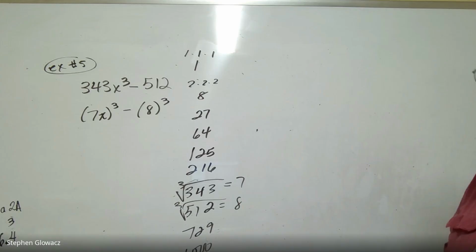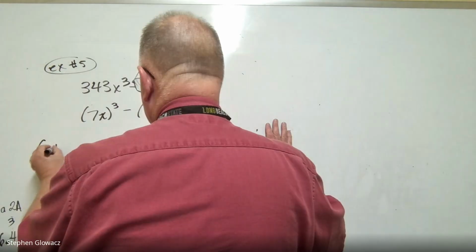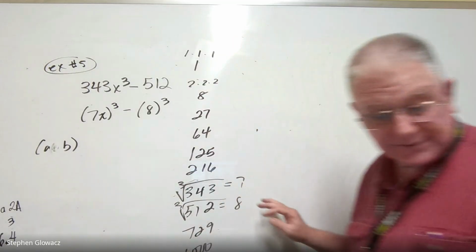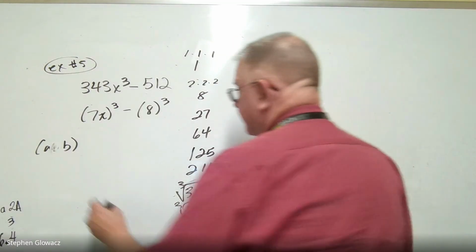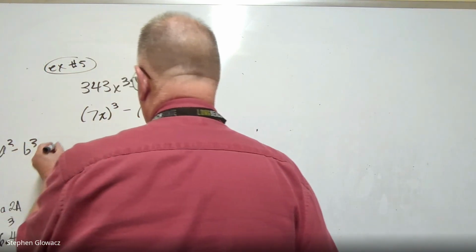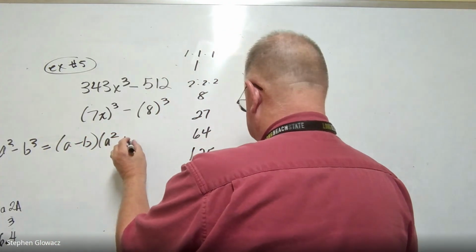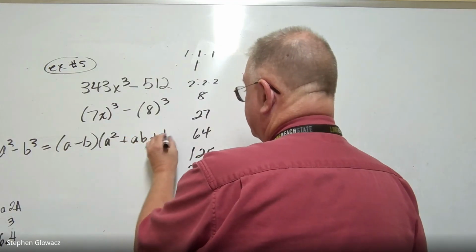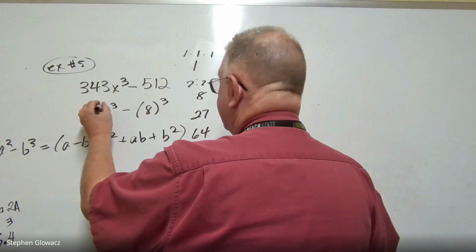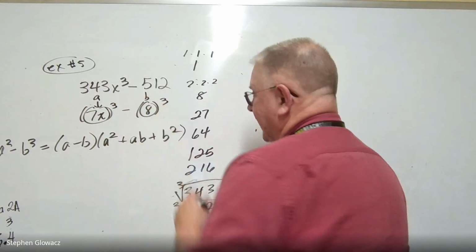And so our pattern, let's go ahead and write it up here. So we have a minus b. Let's go ahead and put the whole pattern up here. So we have a cubed minus b cubed. The pattern is a minus b, and then a squared plus ab plus b squared. Now, what are a and b? So a is the first term, that's the 7x. b is the second term, the 8.